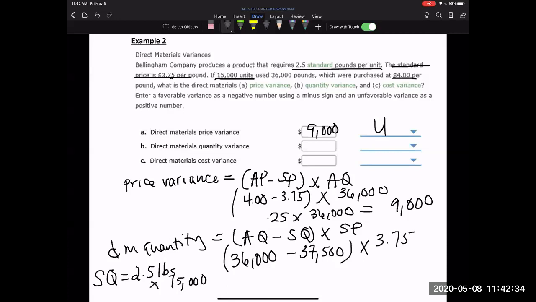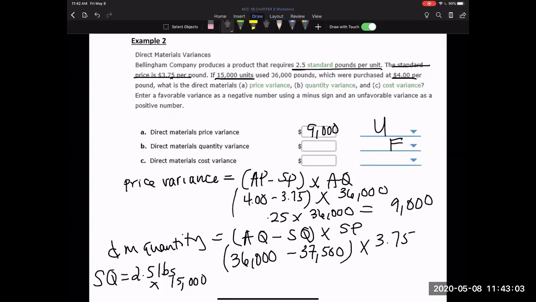Now, before I even get into this, I know that this is going to be a favorable variance because our actual quantity of 36,000 is less than our standard quantity, right? So right here, I'm going to put favorable variance, and now it's just a matter of calculating what that favorable variance is. So I'm going to do 36,000 minus 37,500.